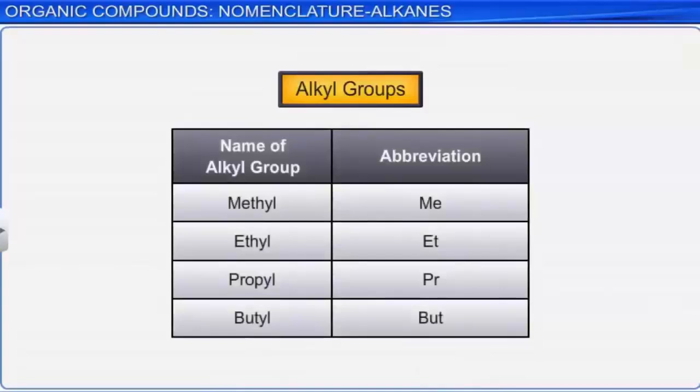At times, abbreviations are used for certain alkyl groups. For example, methyl is abbreviated as Me, ethyl is abbreviated as Et, propyl is abbreviated as Pr, and butyl is abbreviated as But.